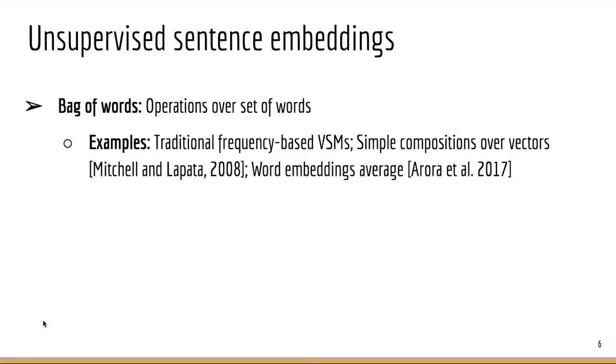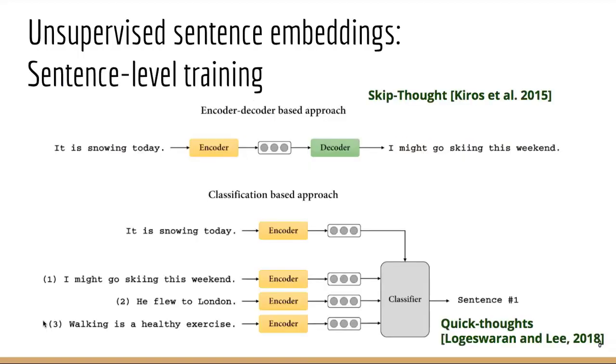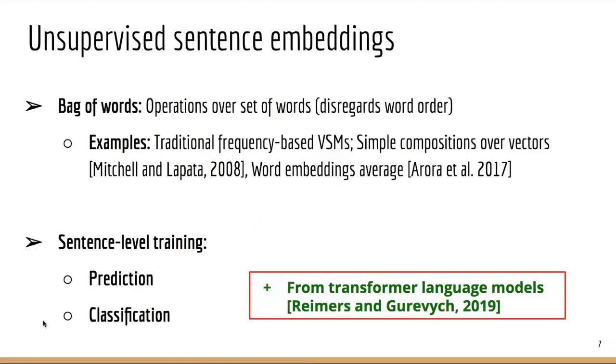One of the main drawbacks of all these approaches is that most of the time they disregard word order. And as we know, in language, word order is important, at least in many tasks. You will not understand correctly the meaning of the sentence if you don't capture the word order well. To solve this limitation, there have been different approaches, and some of them are based on prediction or classification, and globally with sentence-level training.